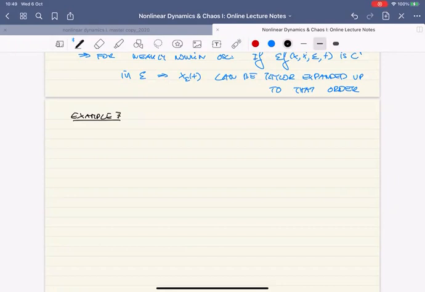The one that I picked in my notes is a simple calculation, but it gives you a flavor. This would be periodic oscillations of a nonlinear springboard. It's like a beam, but it will be an ODE model for a beam.